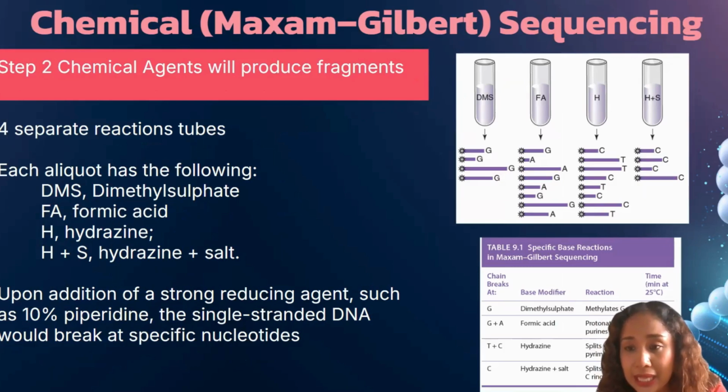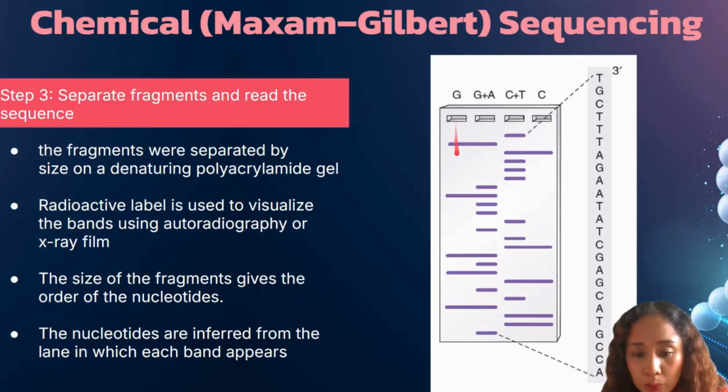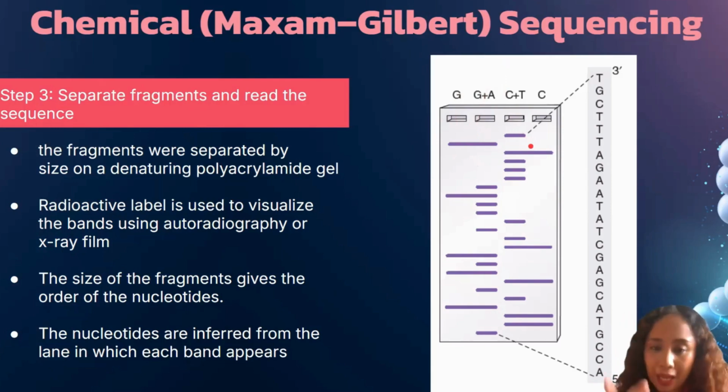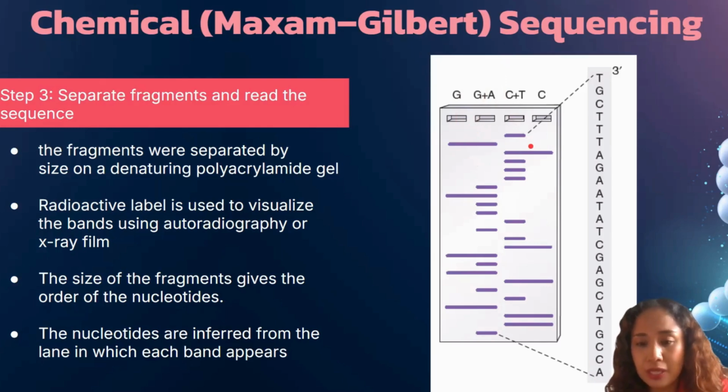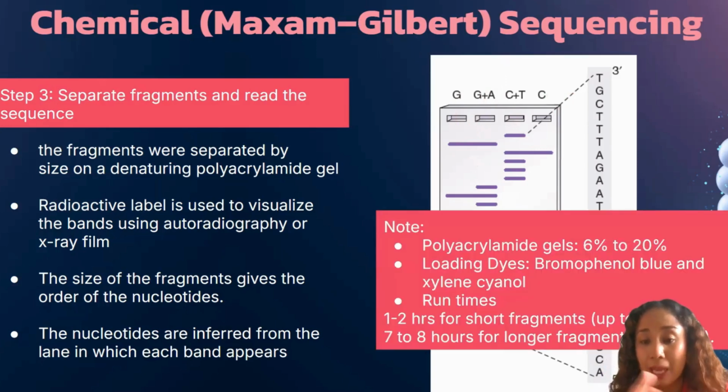Hydrazine is C and T, and hydrazine plus salt is C. Each tube will have its respective lane. After a few hours, about 1 to 2 hours depending on the volts and current, the bands will migrate and separate.